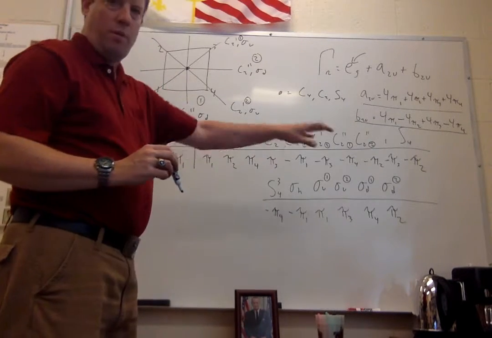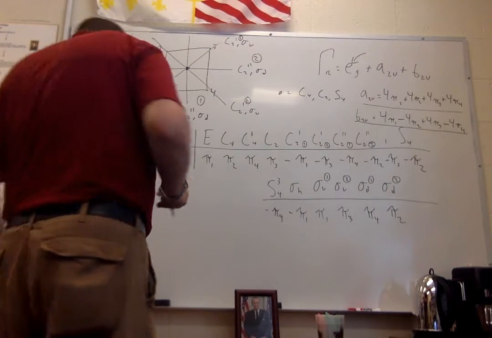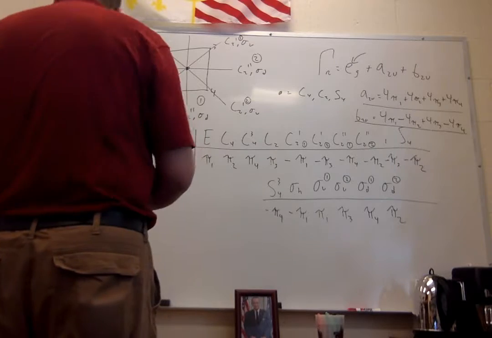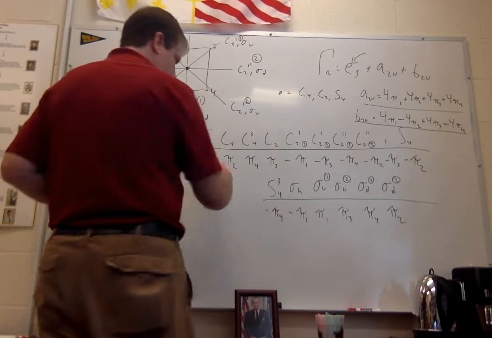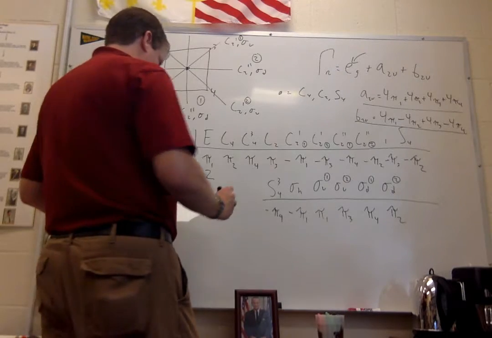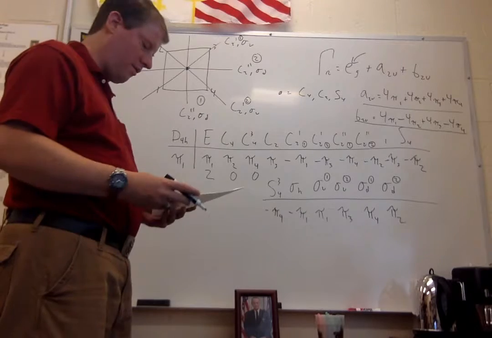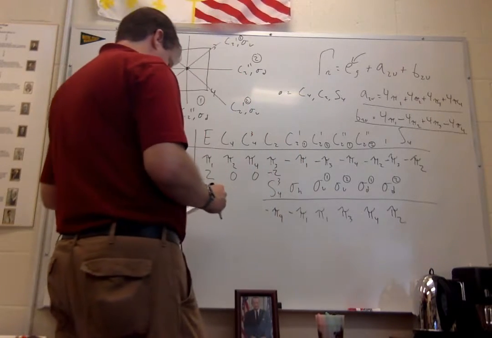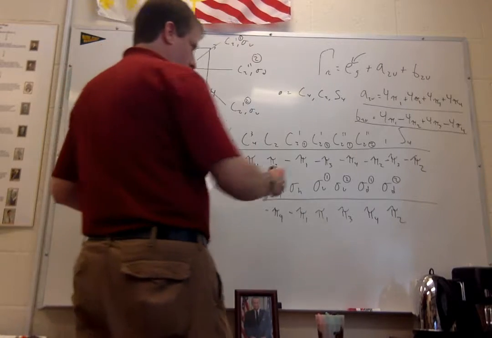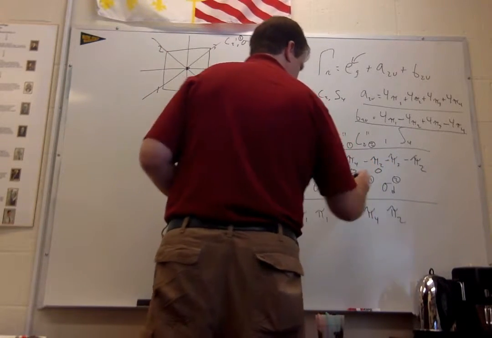So I'll write the individual characters on here from EG, and then you can see what they are in the character table. Okay, so the identity is a 2 because it's doubly degenerate. The next 2 are 0 because the character for the class C4 is 0. For the other C2, it's negative 2. The next 4, both C2 prime and C2 double primes, are 0s.